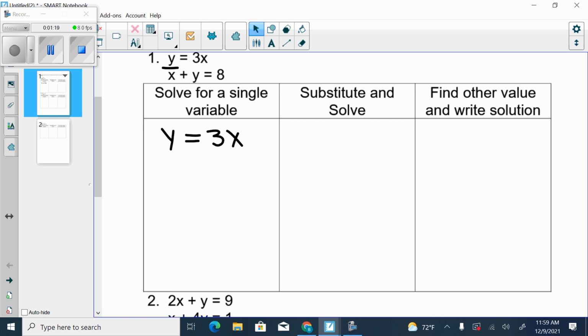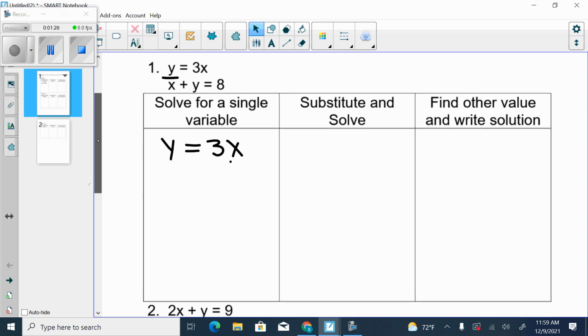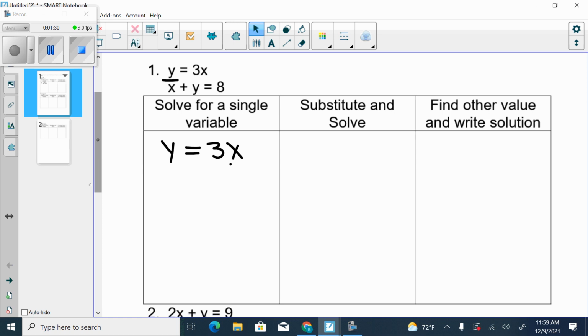Okay, what this means is that y is 3x, right? Y equals 3x. That means anywhere there's a y, I could replace it with 3x, right? If y is 3x. So in the next column, we're going to do just that.